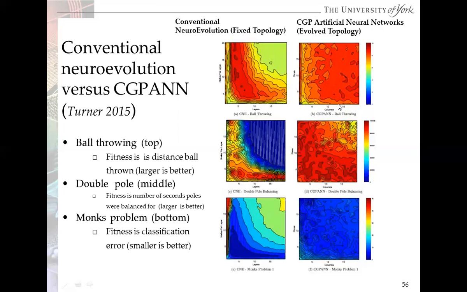It's pretty uniform, so you get good results whatever the topology, whereas with conventional methods using a fixed grid, it's very, very dependent on the topology of that grid. So that's another benefit of using CGP to evolve neural networks.